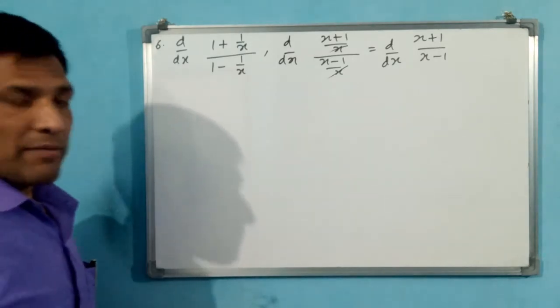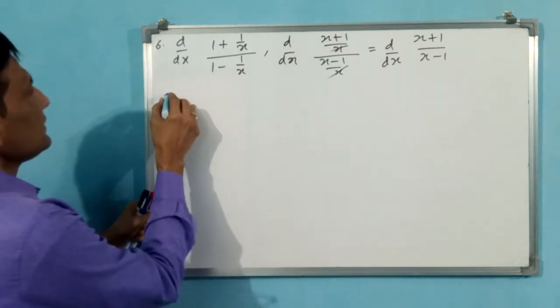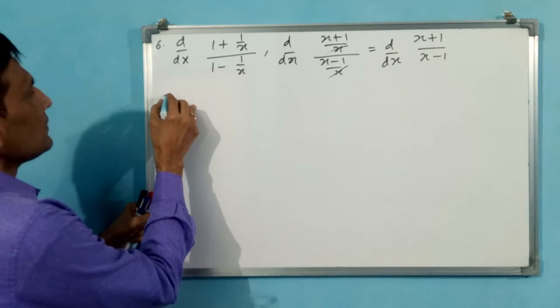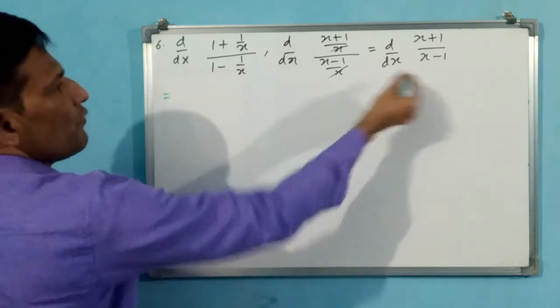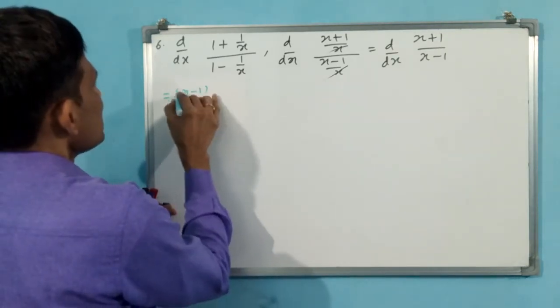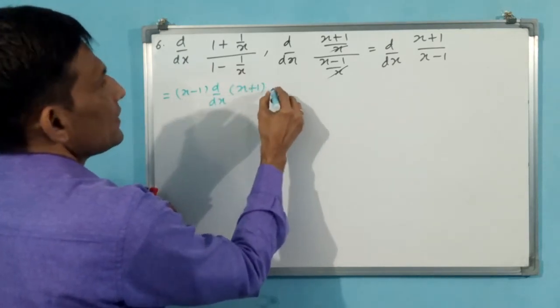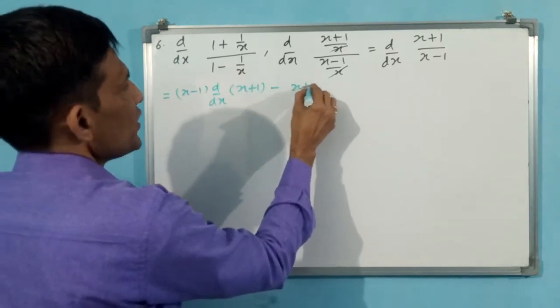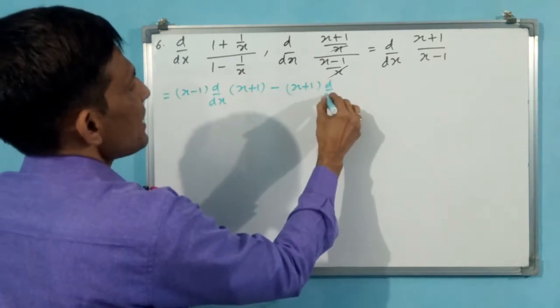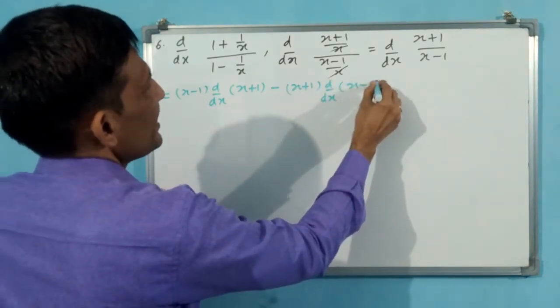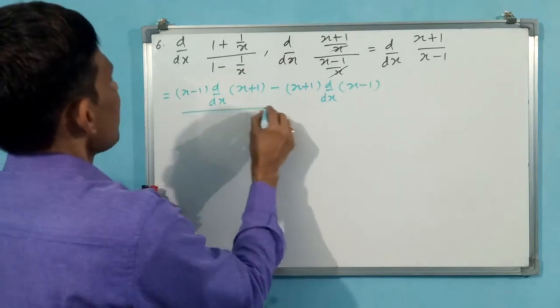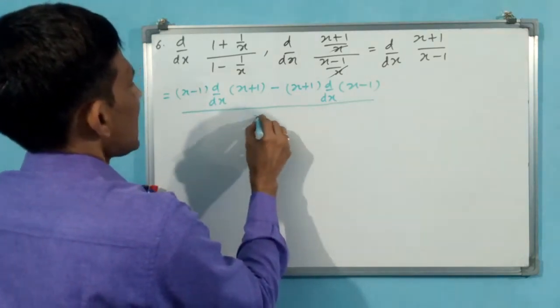Okay. See what I am writing. D by dx of u by v, you see, v d by dx u minus u d by dx v, by v square.